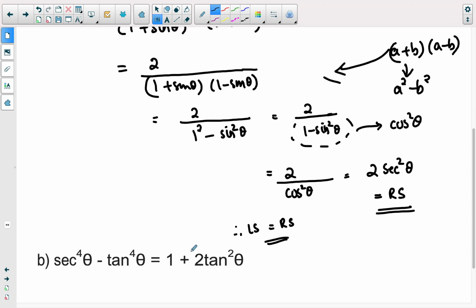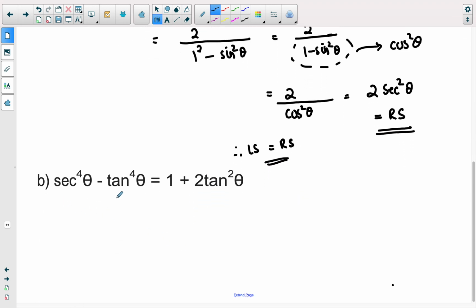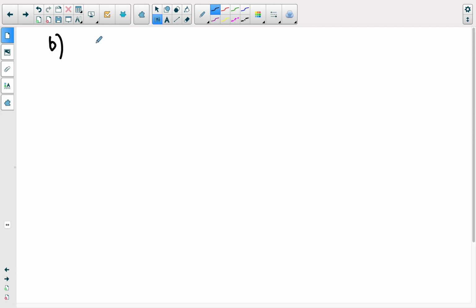Okay, so our next one is to prove that secant to the power 4 theta minus tan to the power 4 theta is 1 plus 2 tan squared theta. I'm going to write that on a new page so I have more room.